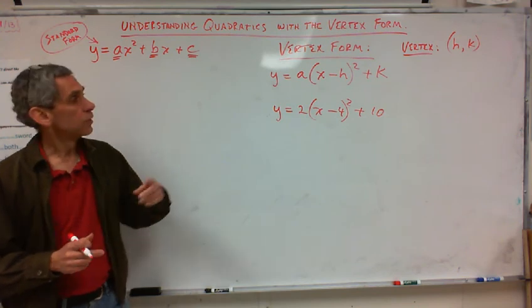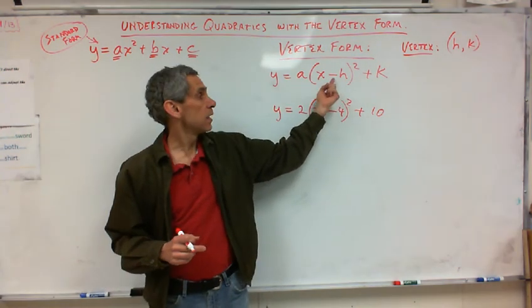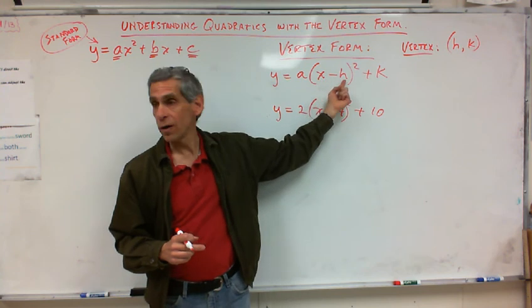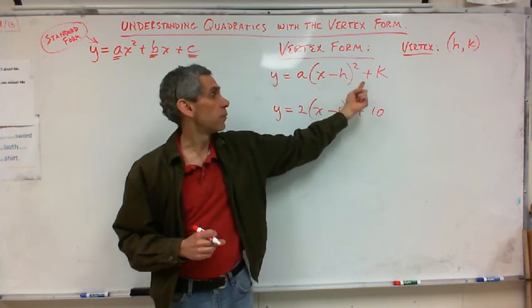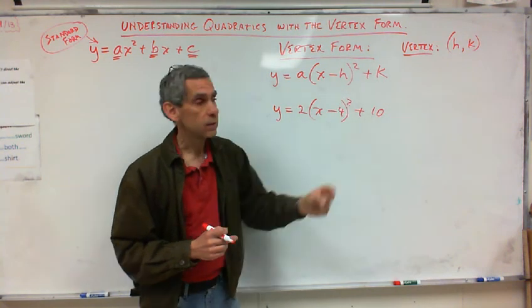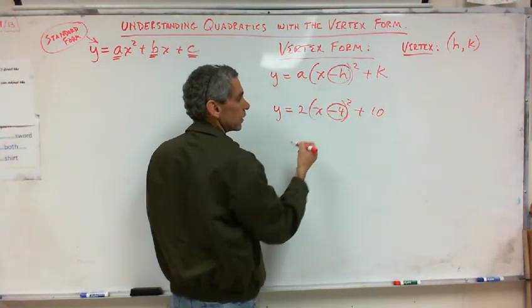Almost. Notice the formula has a negative in it. That means if that said x minus 4, 4 would be the vertex, 4 comma 10, right? In other words, if there's a negative in the formula, I've got to take the opposite of this.